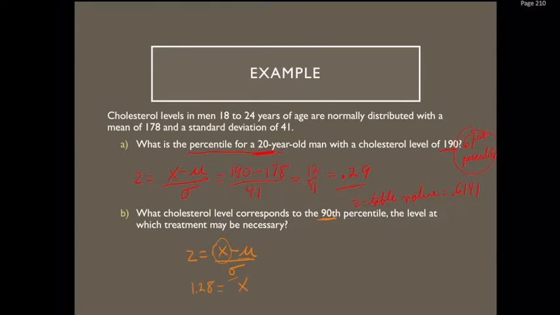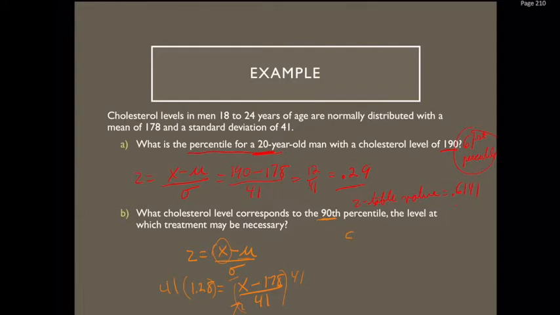So now I have a z-score of 1.28 equals my data value minus our mean over our standard deviation. And now I just solve for x. I'm going to multiply both sides by 41. That gives me, I didn't do that. I just have the answer written down. 41 times 1.28.